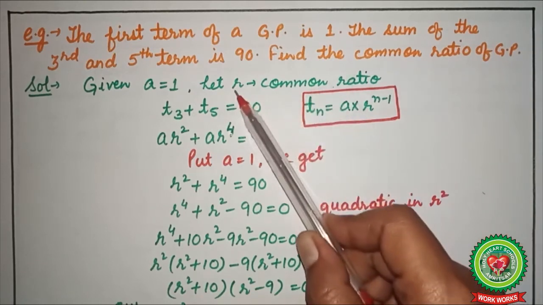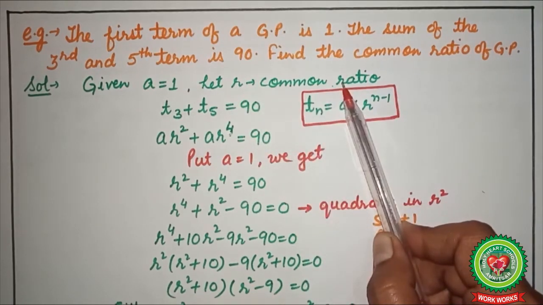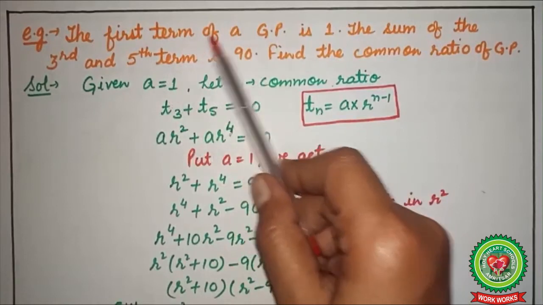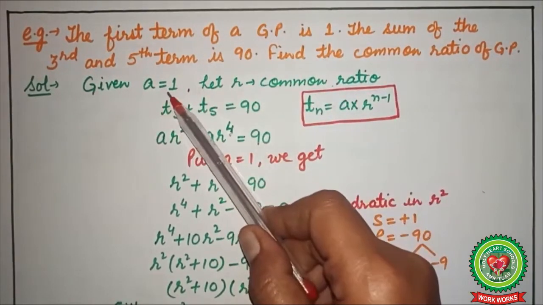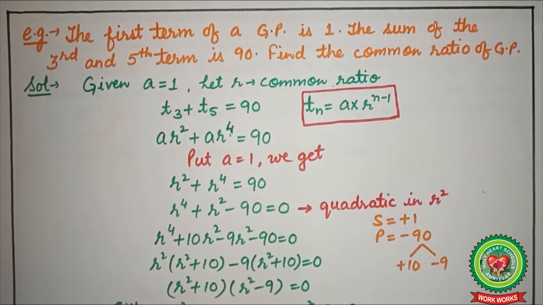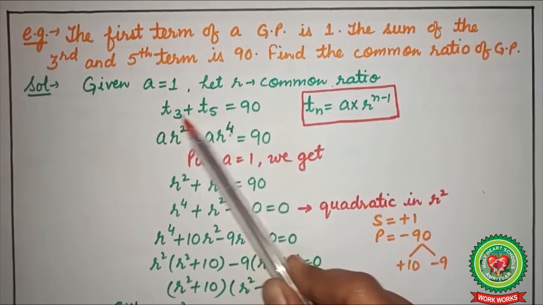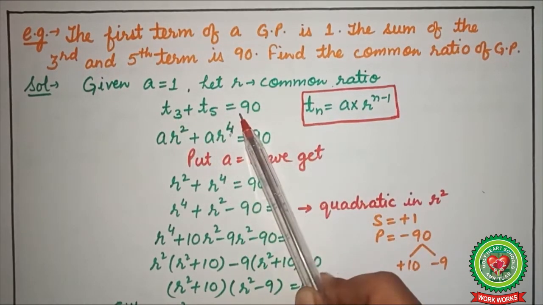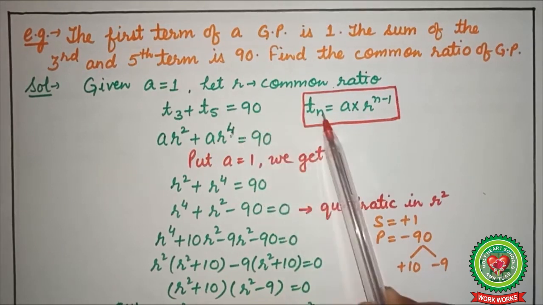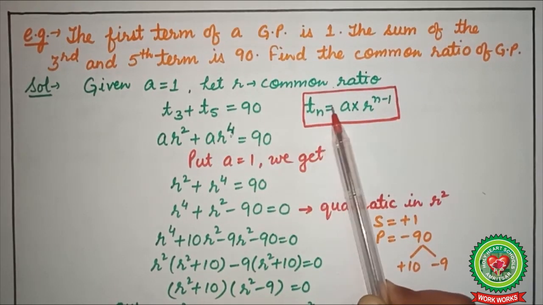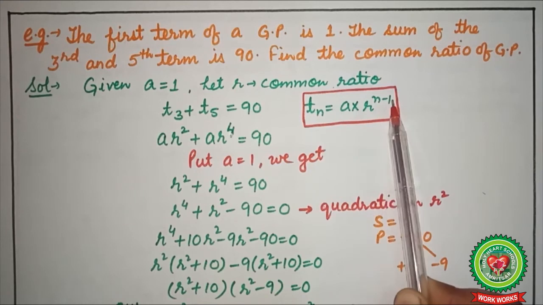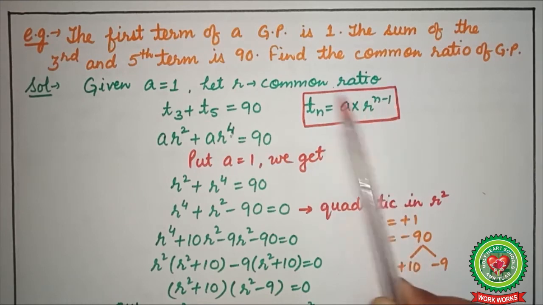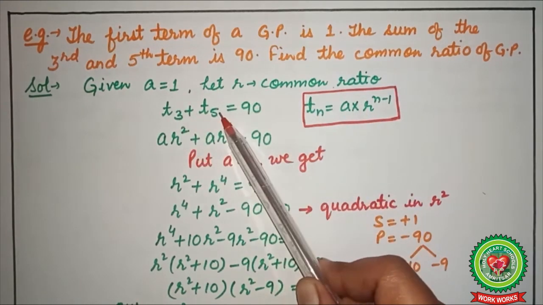So suppose that R is the common ratio. Now here the first term is given, so the value of A is given: A is equal to 1. Then the sum of the third and fifth term is given, that is 90. And we have the general term formula Tn is equal to A multiplied by R raised to power n minus 1. Apply it for the third and the fifth term.